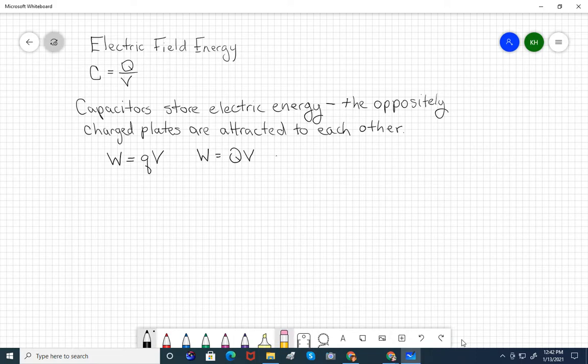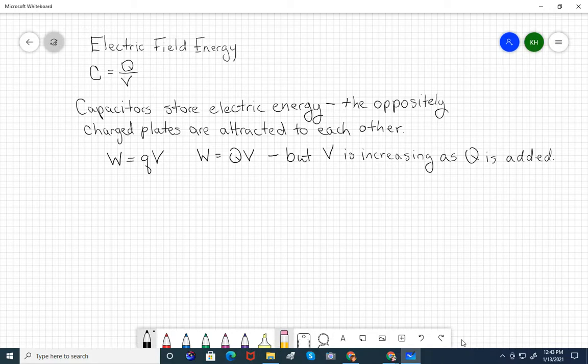But there's a big but, and the but is that the voltage is increasing as Q is added. In other words, this isn't the situation where we have a constant voltage or a constant charge. So the work done in moving this charge is different.